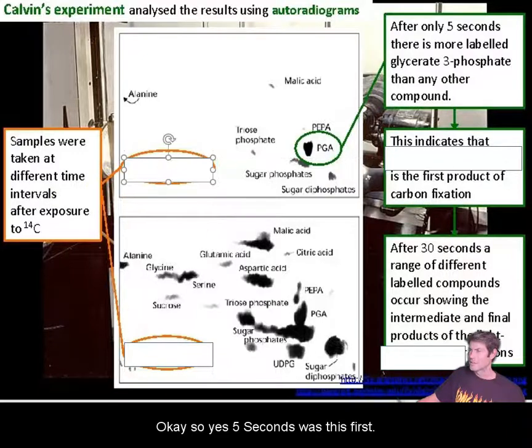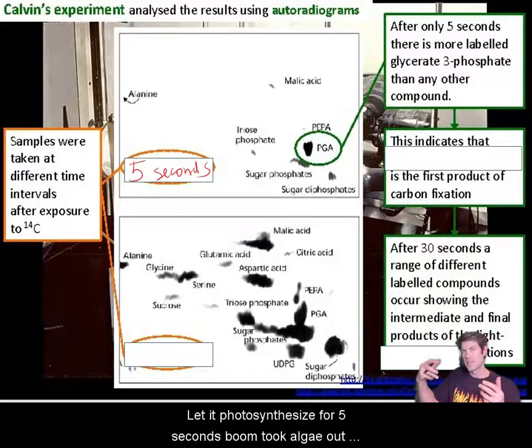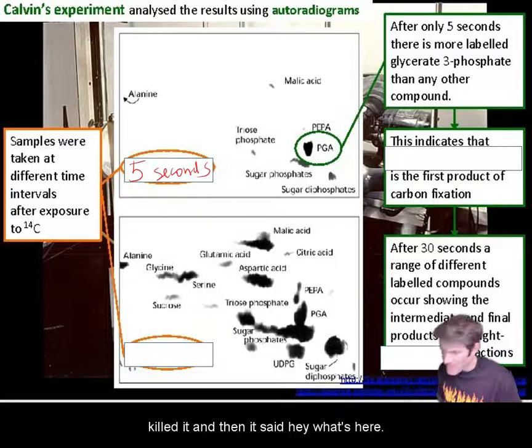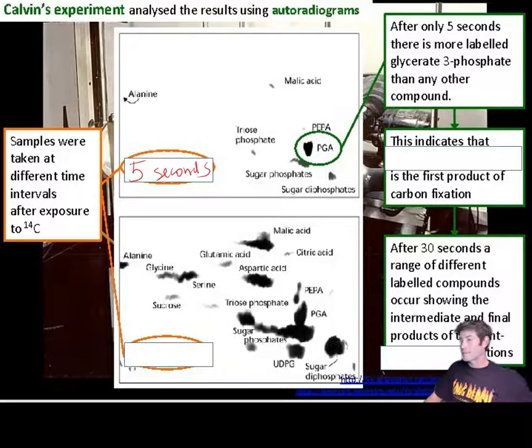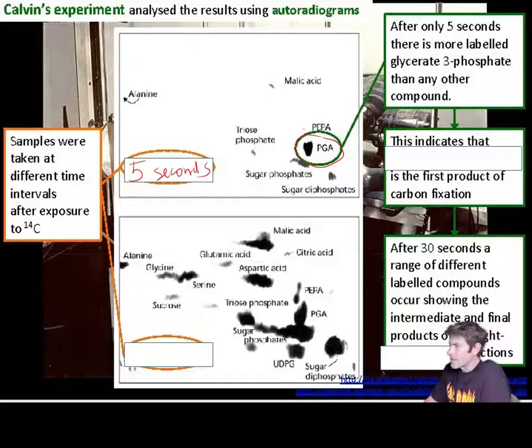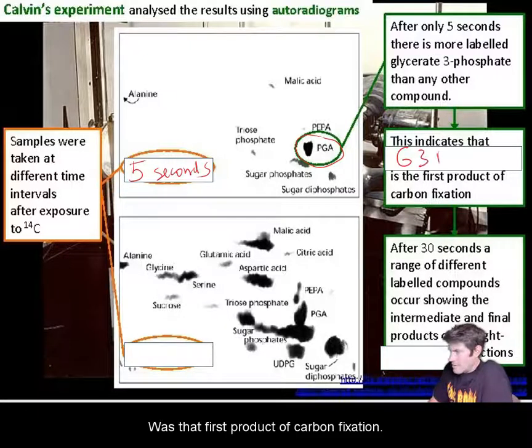Okay, so yes, 5 seconds was this first. They let it photosynthesize for 5 seconds. Boom, took algae out, killed it. And then they said, hey, what's here? And they saw that PGA, this glyceraldehyde, this G3P basically, was that first product in carbon fixation.